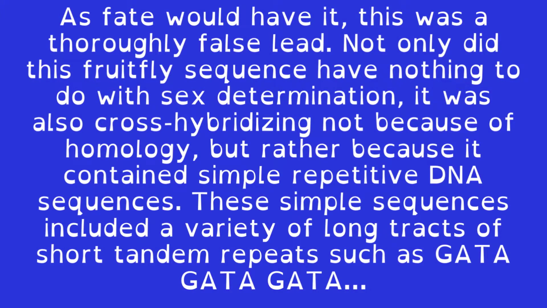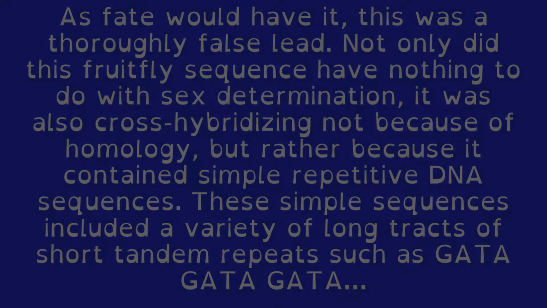As fate would have it, this was a thoroughly false lead. Not only did this fruit fly sequence have nothing to do with sex determination, it was also cross-hybridizing not because of homology, but rather because it contained simple repetitive DNA sequences. These simple sequences included a variety of long tracts of short tandem repeats, such as GATA, GATA, GATA.